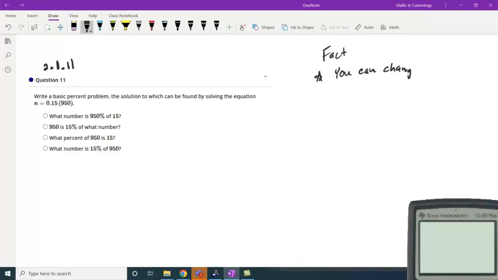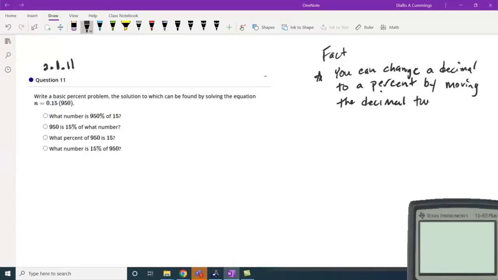You can change a decimal to a percent by moving the decimal 2 places to the right and add the percent symbol.